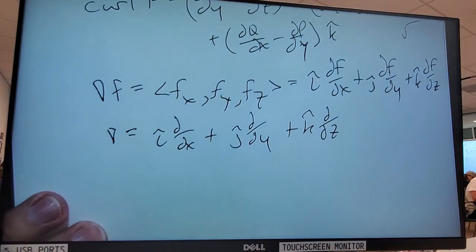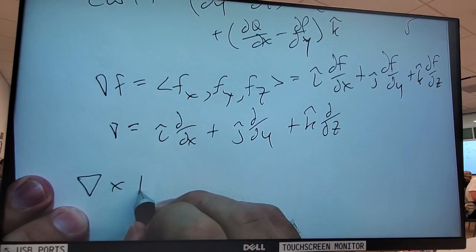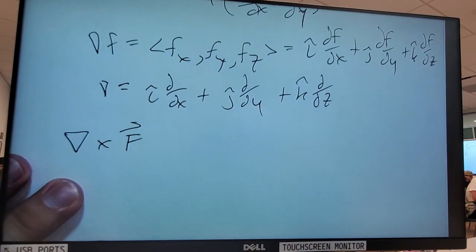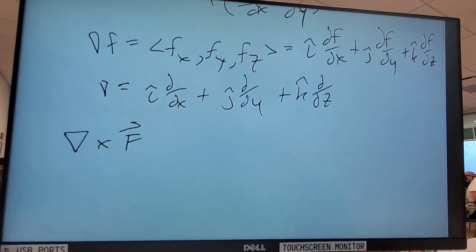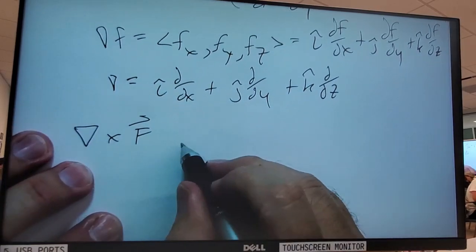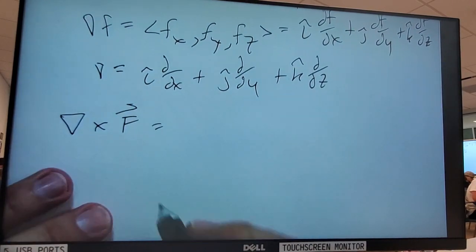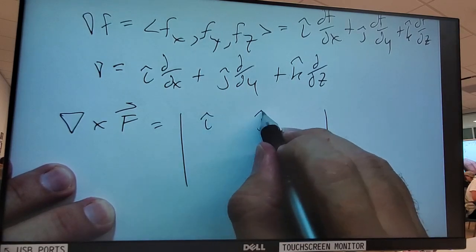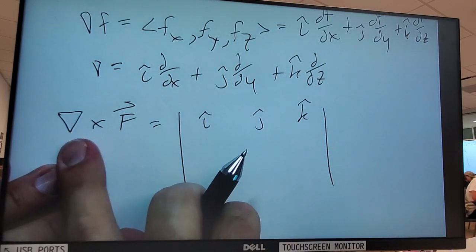Very true. So if I do this, it's a very different use of that thing. How do I investigate this? Well, how do I do the cross product? What's the shortcut to doing the cross product? i, j, k. First vector. Well, what's this vector?